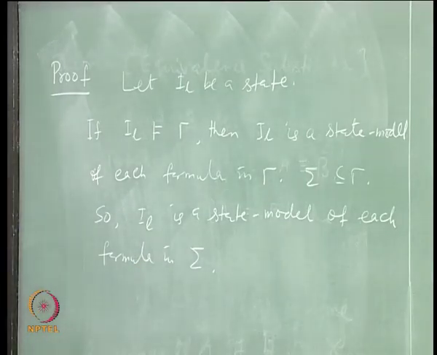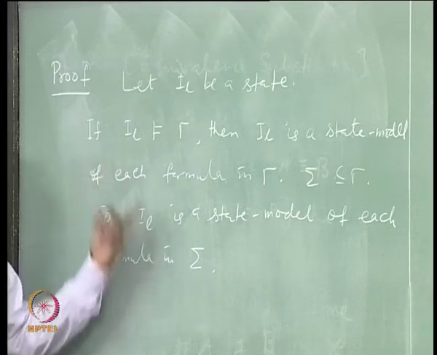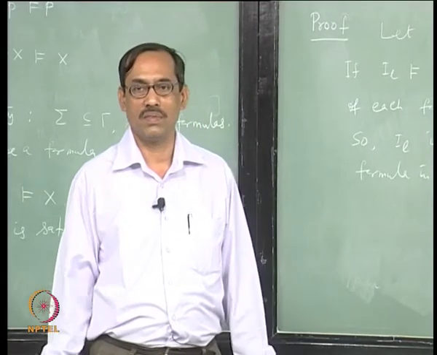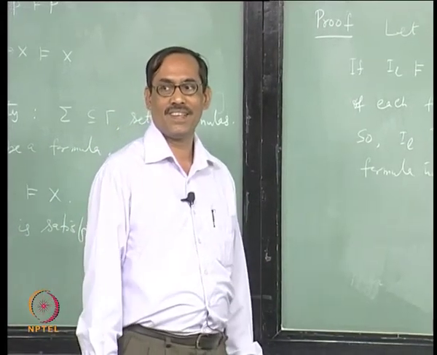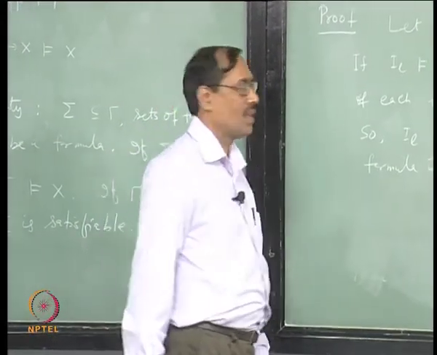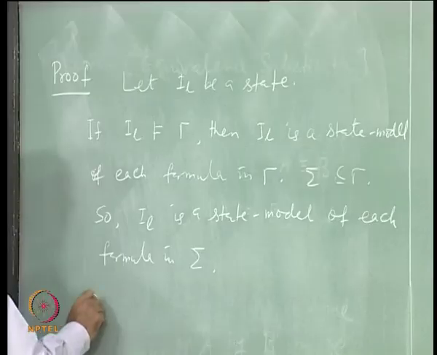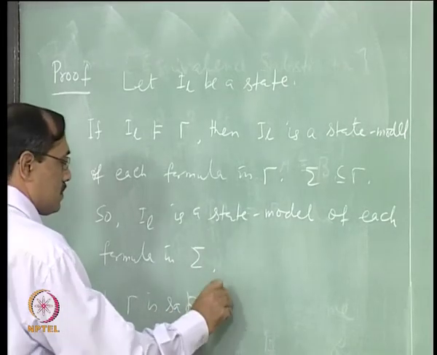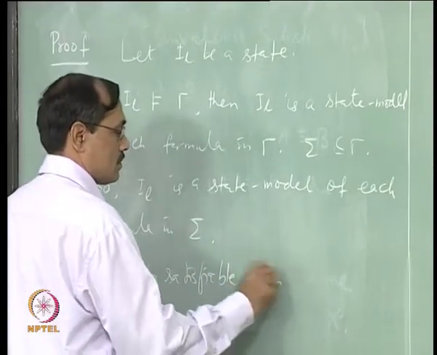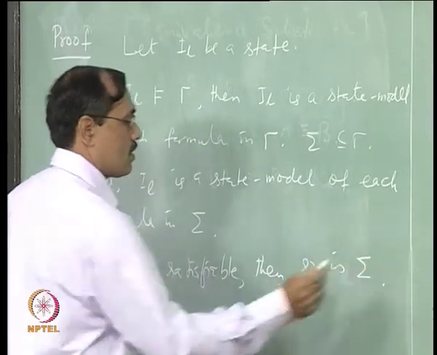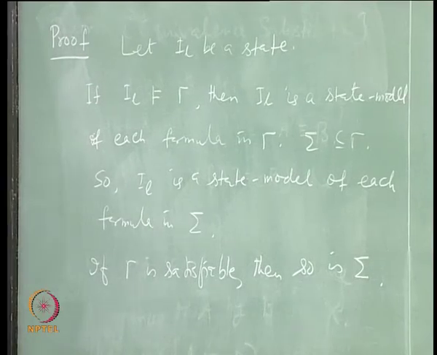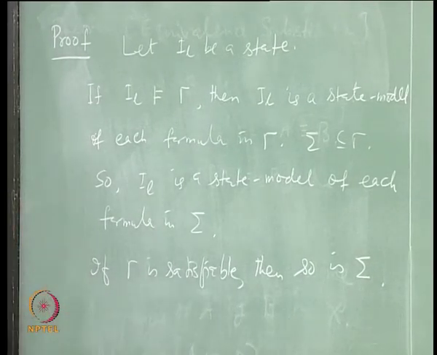Right. So, this says any state model of gamma is also a state model of sigma, that much is enough. Those two propositions are a reformulation of this. Okay. So, it directly proves that if gamma is satisfiable, then so is sigma. If it is satisfiable, IL satisfies it, therefore IL satisfies sigma, therefore sigma is satisfiable.